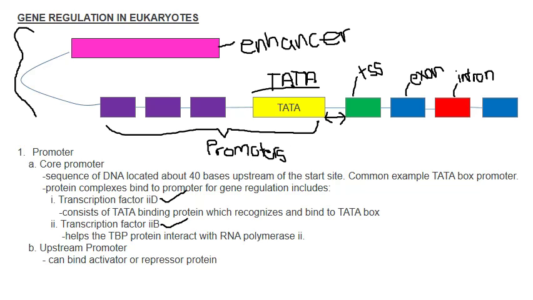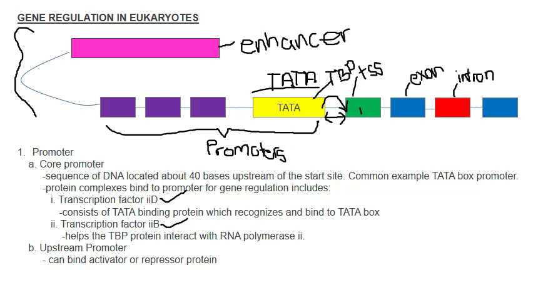Transcription factor 2D consists of the TATA binding protein, which is TBP, which recognizes the TATA box and attaches to it, while transcription factor 2B helps the TB protein interact with the RNA polymerase which is present at the transcription start site, to start the transcription level.